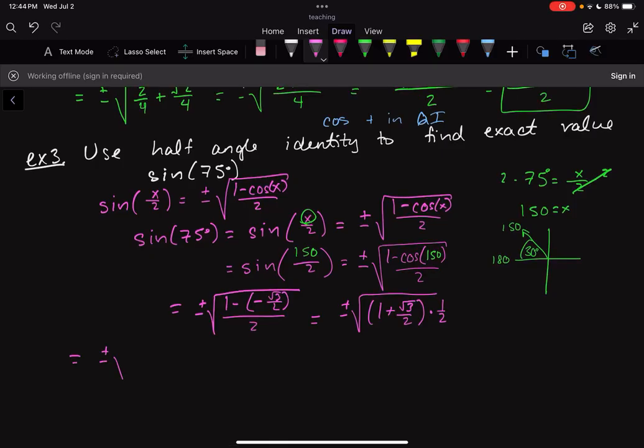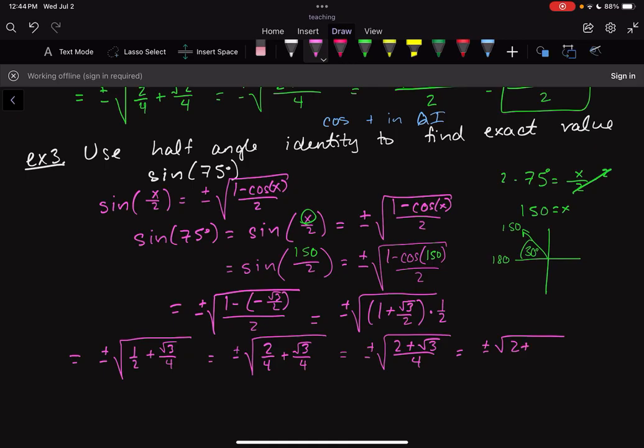I get plus or minus square root 1/2 plus root 3 over 4. This becomes 2 over 4 plus root 3 over 4, which will be 2 plus root 3 over 4. I can simplify the bottom, so I get 2 plus root 3 over 2.